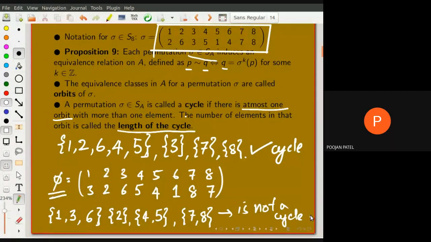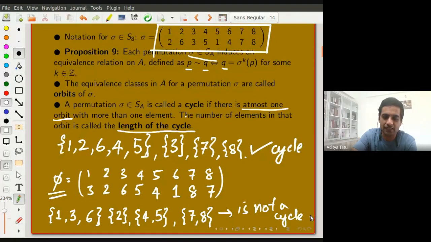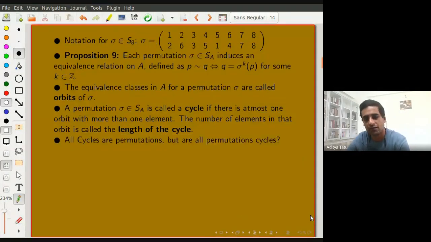Yes, sir. So basically we have answered the question I was going to put next. So all cycles are permutations, but are all permutations cycles? The answer is no, sir. No. Right? Because we just saw an example of a permutation which was not a cycle.